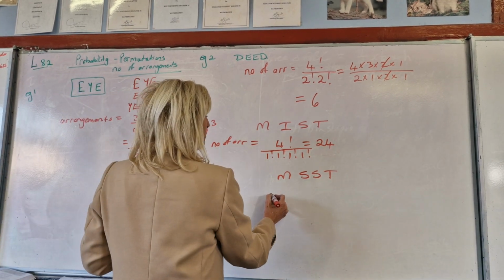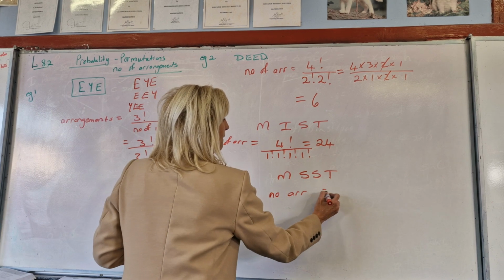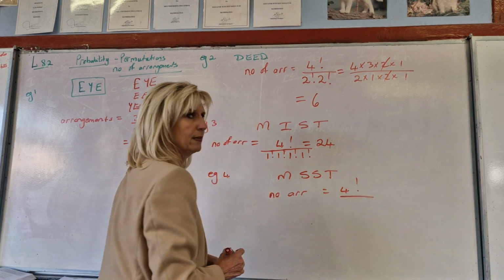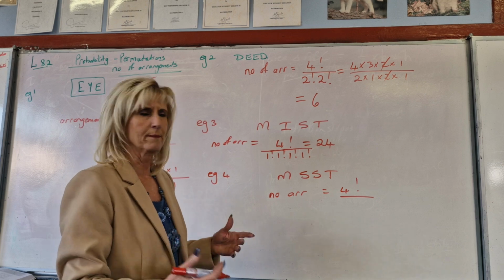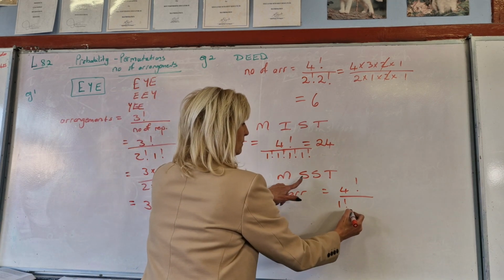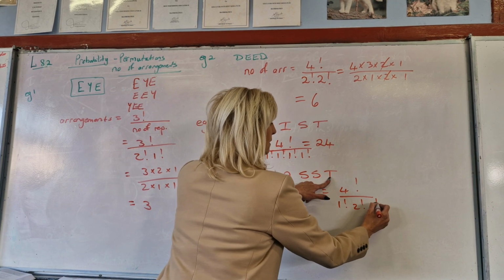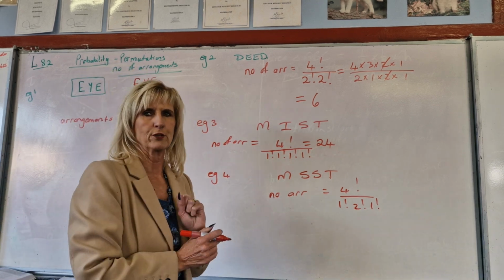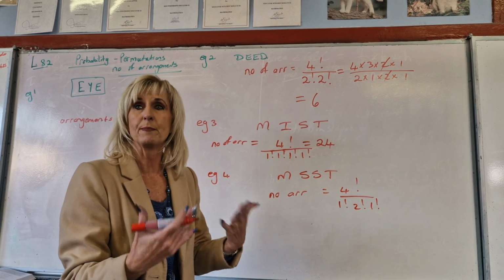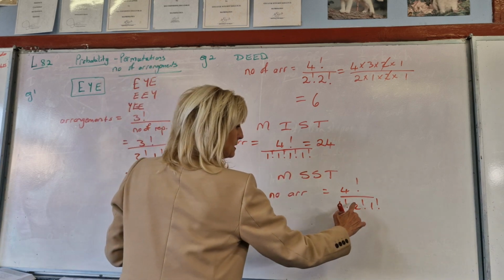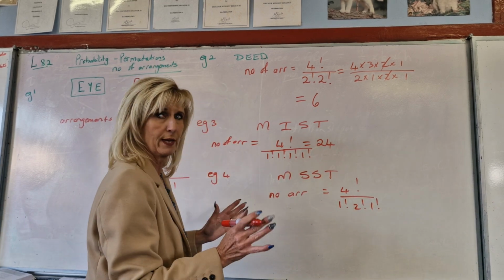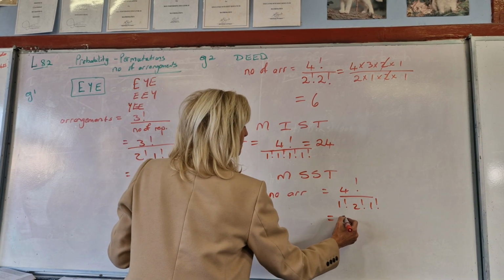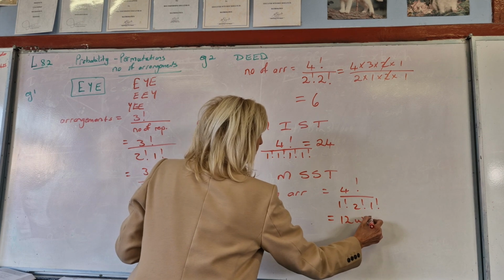So first of all, the number of arrangements is 4 factorial over, let's humor ma'am, this would be 1 factorial, this would be 2 factorial, this would be 1. Are you getting it? I want you to grasp the idea. You don't have to write the 1 factorials. So then again, please, 2 doesn't go into 4, you can't do that. Your answer is, please, 12 ways.